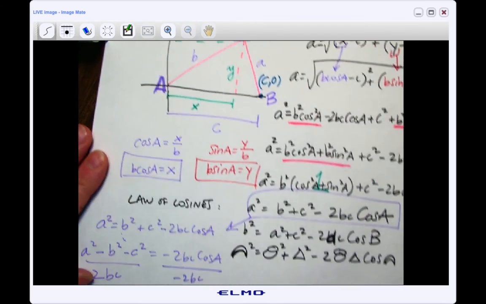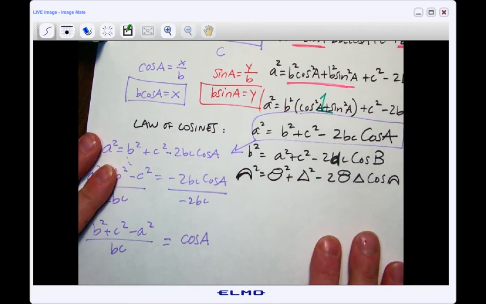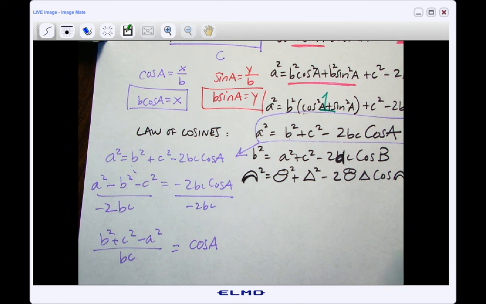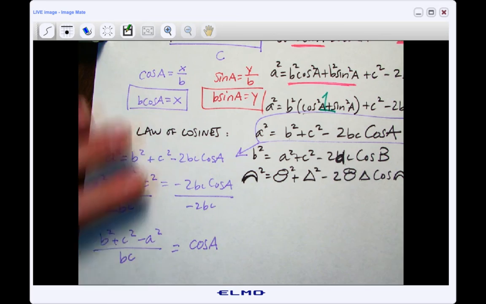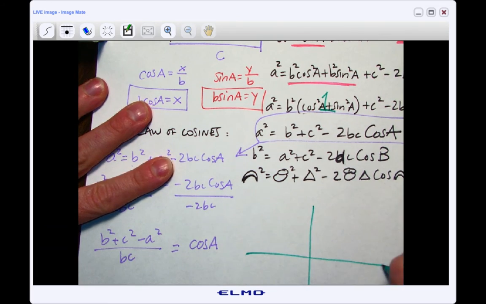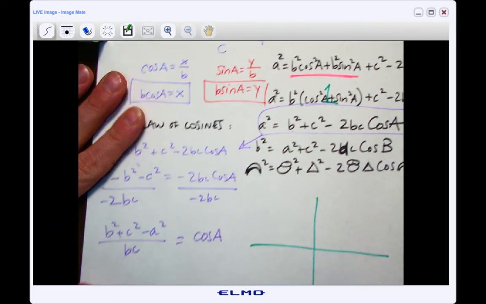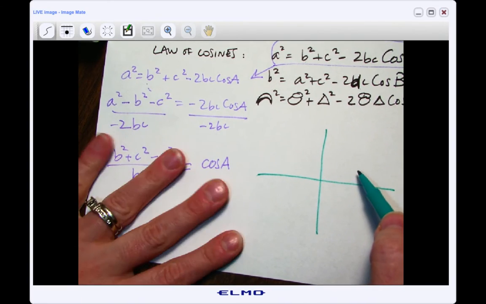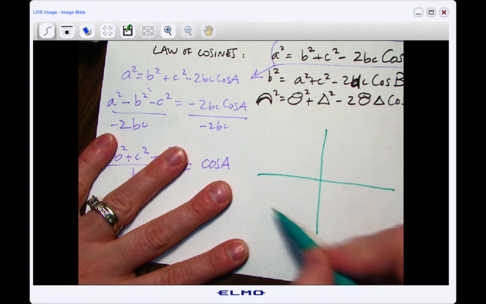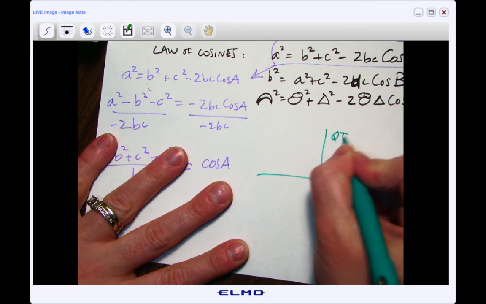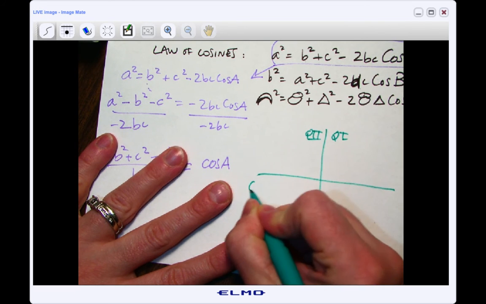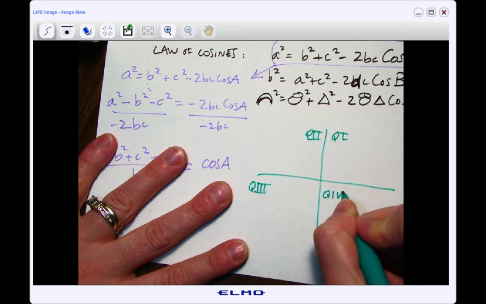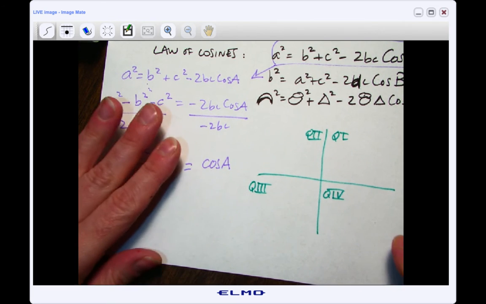And actually, there's no ambiguous case for the law of cosines. And let's just talk about that real quickly. So for the sine one, right, we have to be careful. But let's think about cosine for a second. So if we have a triangle and we're solving for the sides and angles of a triangle, well, what quadrants can we find an angle that fits inside of a triangle?